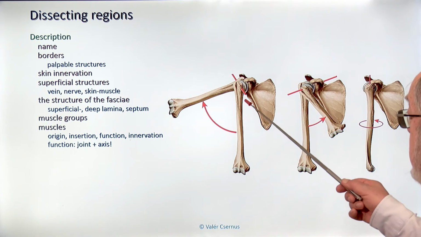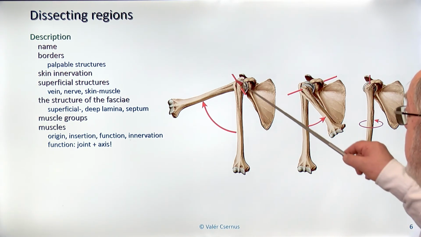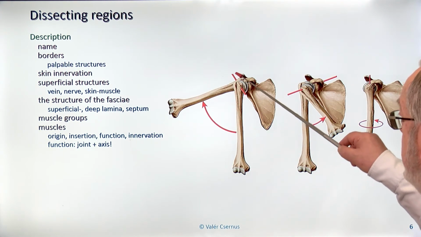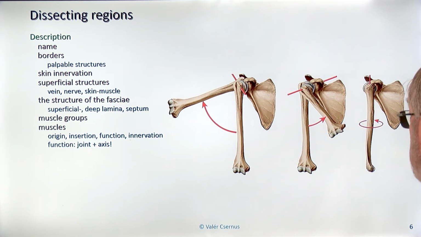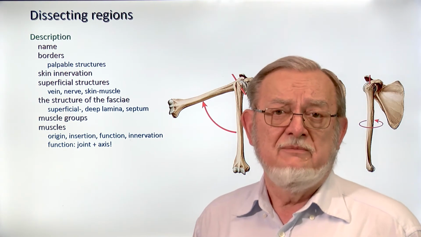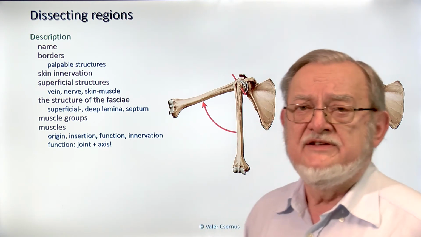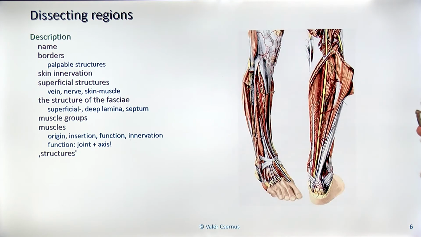So whenever you describe the function, you do not say that it lifts the arm, but that it makes an abduction in the shoulder joint along the sagittal axis, or anteflexion in the shoulder joint along the transverse axis, or inward rotation in the shoulder joint along the vertical axis, and so on. Whenever you describe the function of the muscle, you always have to refer to a certain joint and a certain specific movement along an axis.